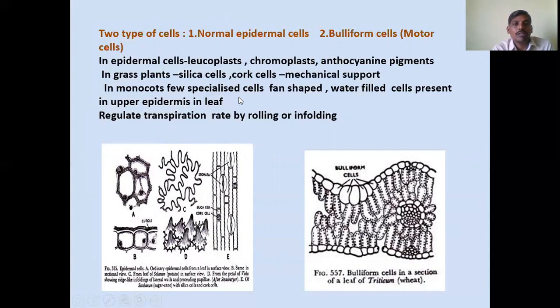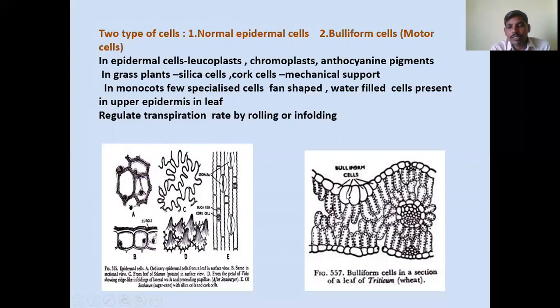So in monocots, a few specialized thin-walled, fan-shaped, water-filled cells are present in the upper epidermis of the leaf. These specialized cells are called bulliform cells or motor cells. Normal epidermal cells are rectangular in size, and this epidermis is interrupted by small tiny pores.